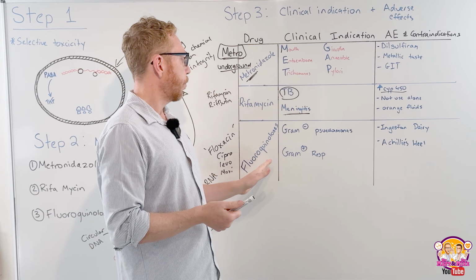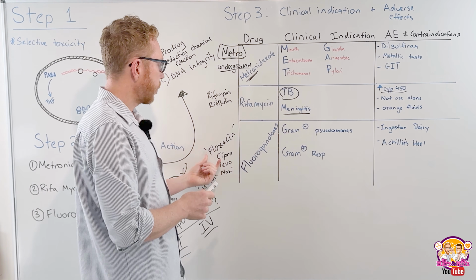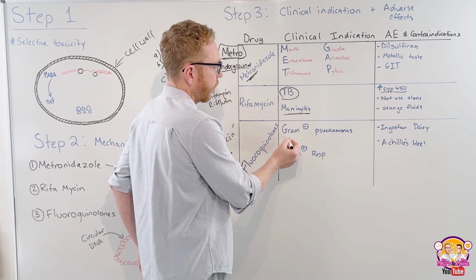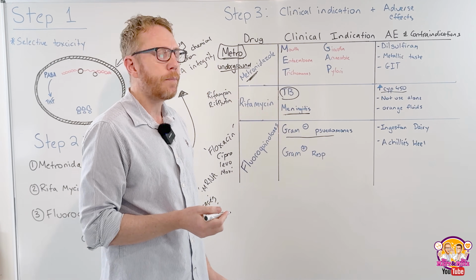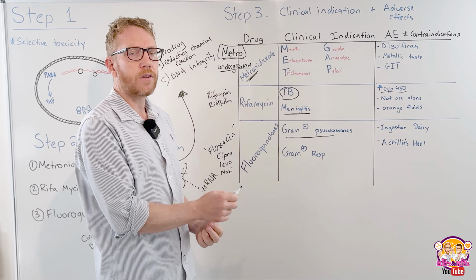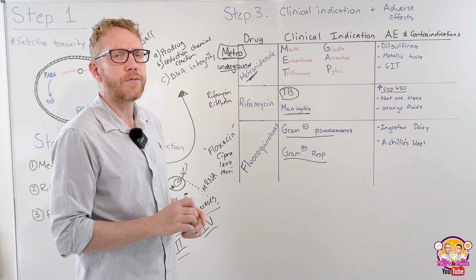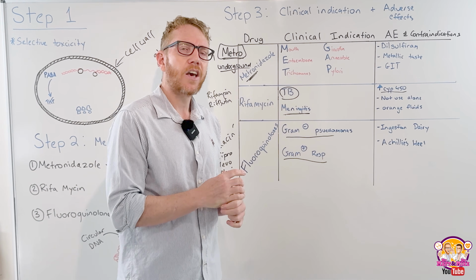And then finally, with the fluoroquinolones, remember the ending, floxacin. So ciprofloxacin is quite commonly used in gram-negative rod infections like Pseudomonas, whereas the levofloxacin and moxifloxacin seem to be more selective for gram-positive respiratory infections like community-acquired pneumonia.